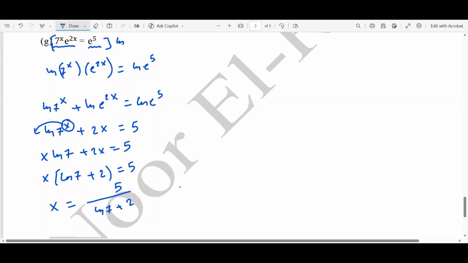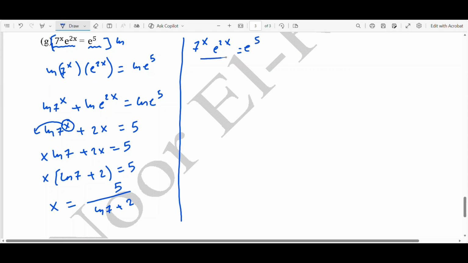Clear? Do you have any questions, students? I hope not. Now, one of my students in the class said he is going to solve it another way. Actually, I did like his method. 7^x · e^(2x) = e^5.